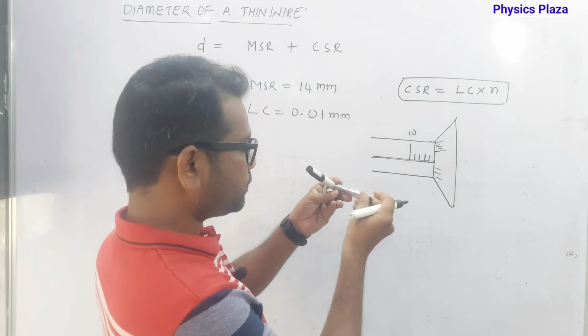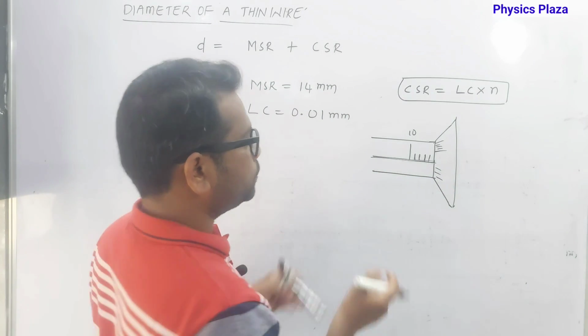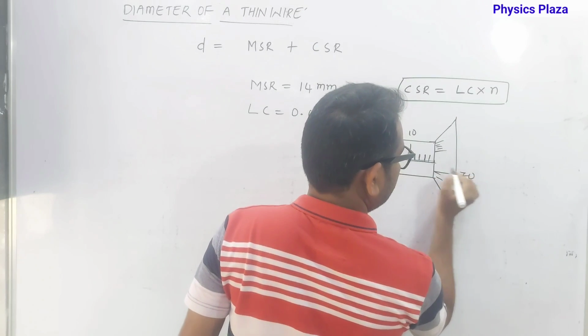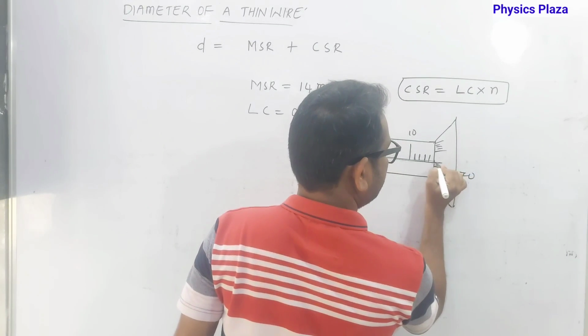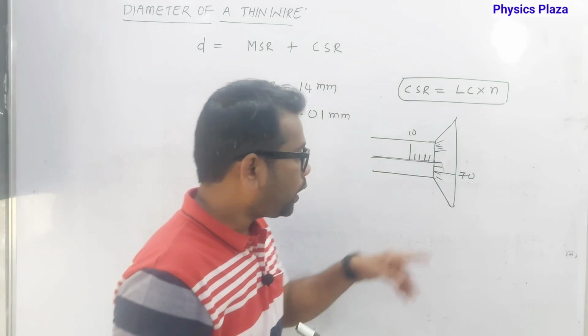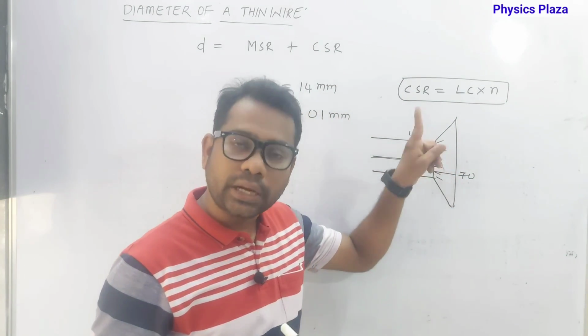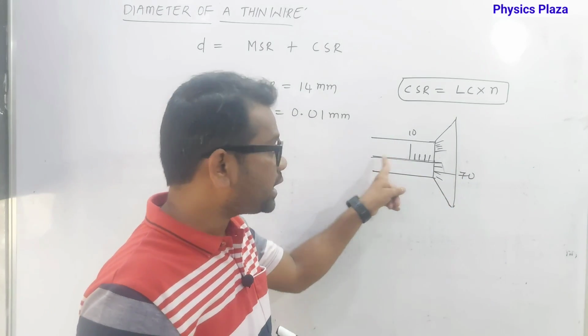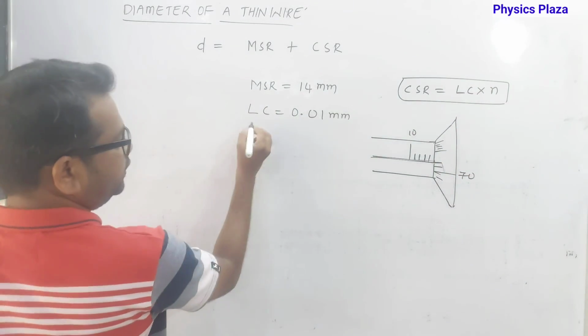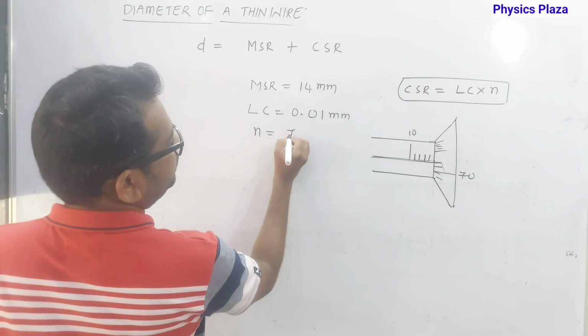For example, this is number 70, 71, and 72 is coinciding. So try to understand: whatever the number of the division on the circular scale which is coinciding with the baseline will be the n value. As per this, here n is equal to 72.